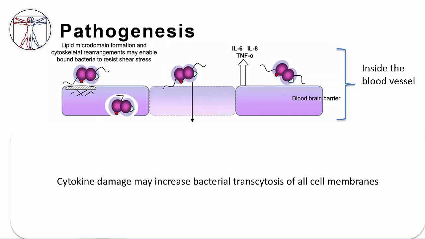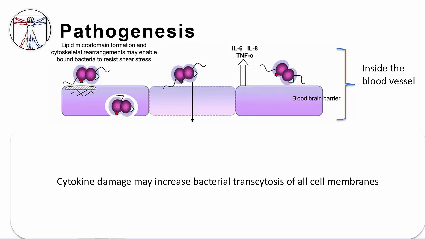This cartoon illustrates how some organisms can cause meningitis or encephalitis by crossing the blood-brain barrier. Bacteria are in the bloodstream and bind to the endothelial cells via cellular cytoskeletal rearrangements. They are then endocytosed and killed by intracellular mechanisms.